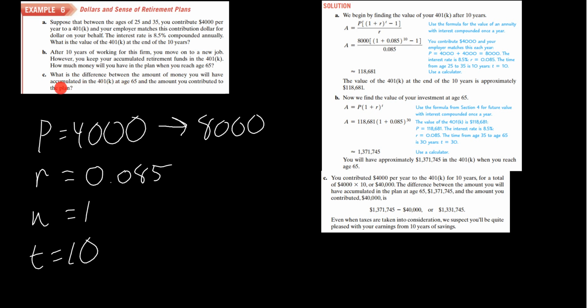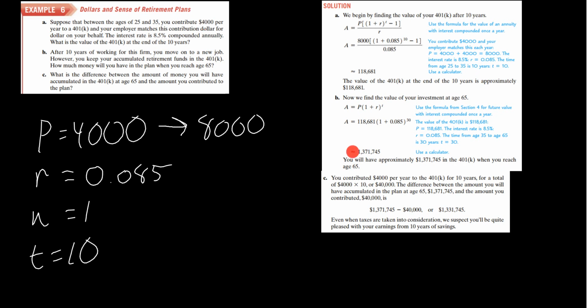All right, so keep in mind that from the age of 35 to 65, I just let the stock market do the work. I did not throw another dime into my retirement plan. So that's what makes this pretty darn amazing, actually. If you have 4 grand a year for 10 years, that's obviously $40,000.